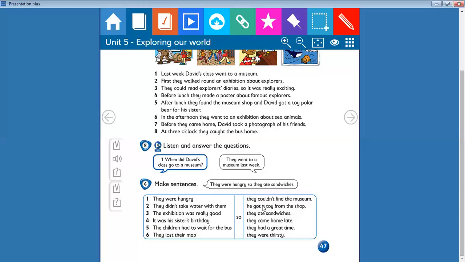Cause, so, effects. If we start with the effects, we use because. They couldn't find the museum because they lost their map. They lost their map, so they couldn't find the museum.